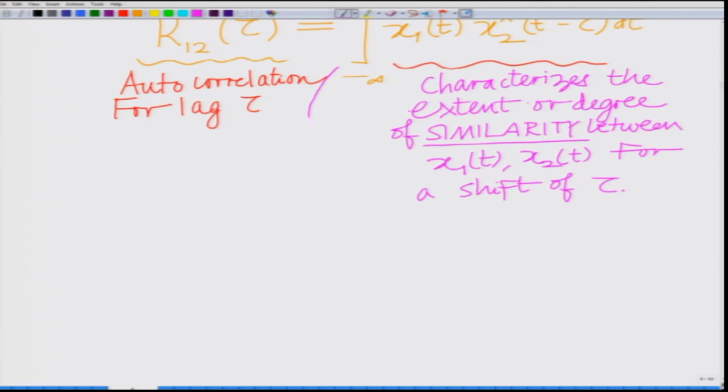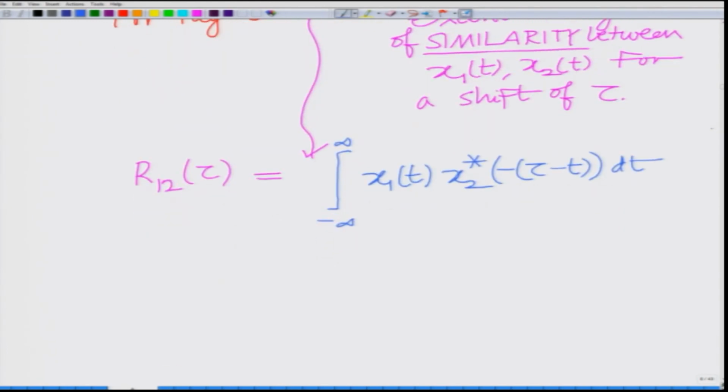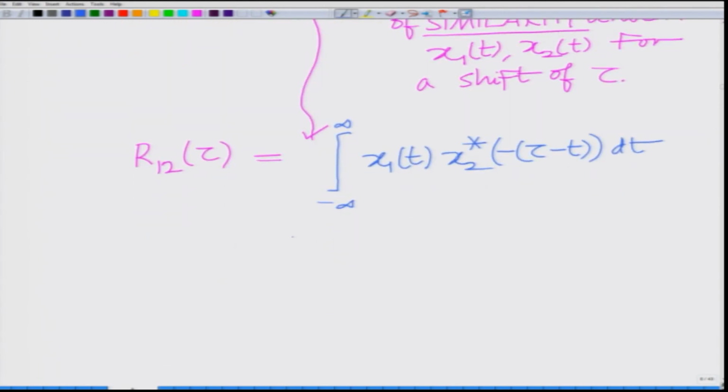Alright. Now, let us simplify this. We have R12(tau), which we have written as the integral from minus infinity to infinity of x1(t) x2 conjugate (t minus tau) dt. I am going to write this as x2 conjugate of minus (tau minus t) dt. Now, let us define x2 tilde(t) as x2 of minus t.